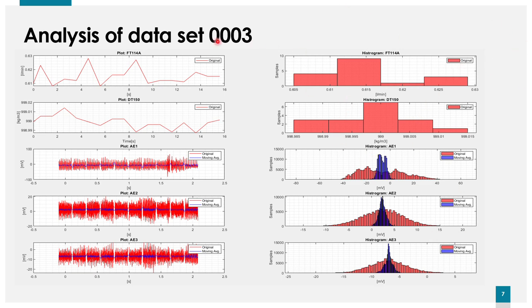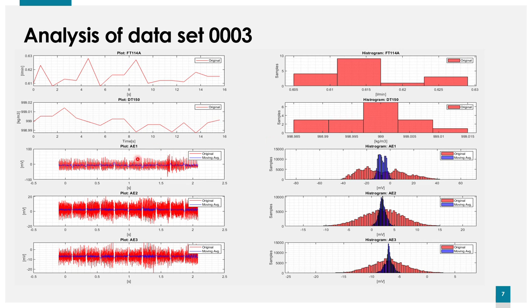On the flow transmitter and the density meter, there are only like 17 samples, so it's not easy to make a good distribution for these, as you can see on the right hand side. But if you follow the theory in this course, you can use a Student t distribution for this due to the low number of samples.